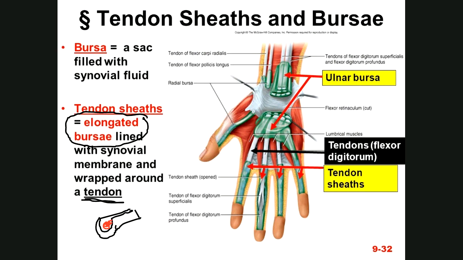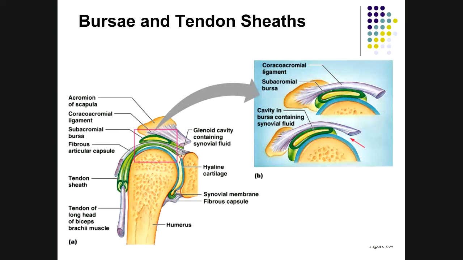So if you look at it, here is a tendon sheath, right here. And look, there's a tendon right there, like the hot dog. And then wrapped around it like this is this elongated bursa. So it's almost identical, except it's very long, and it's wrapped around the tendon. So here's a tendon.